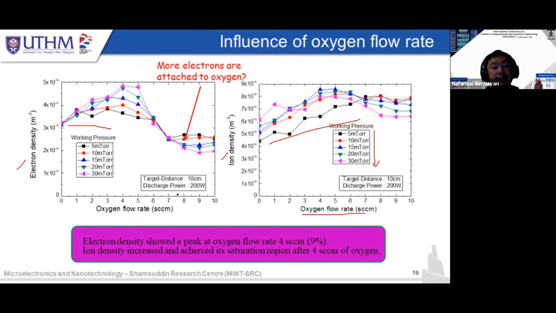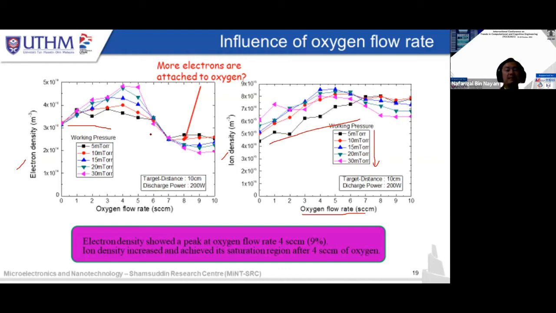If we increase the oxygen more, what will happen? The electron density decreases. This is interesting: when we add a small amount of oxygen, the electrons inside the chamber increase, but when we add too much oxygen, it decreases.